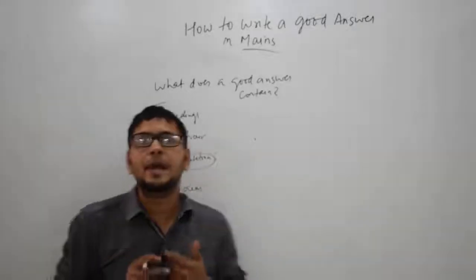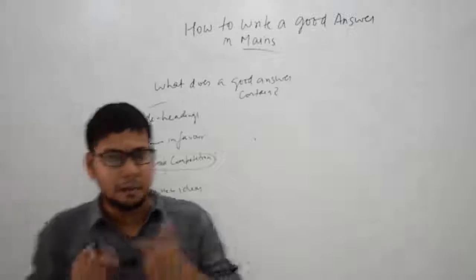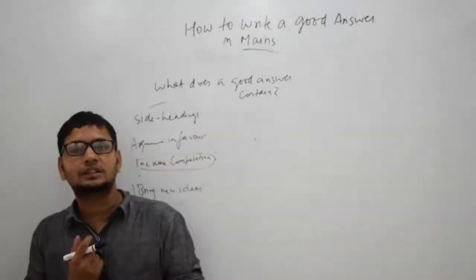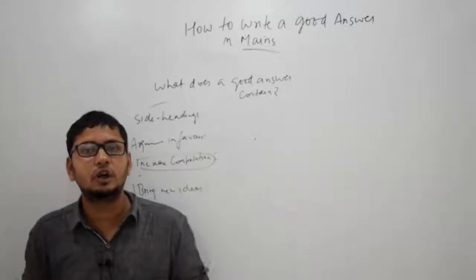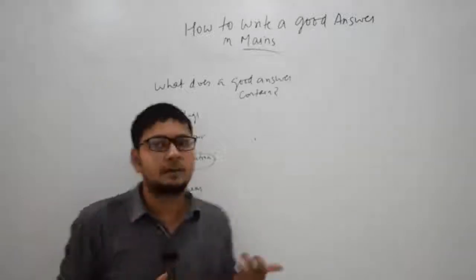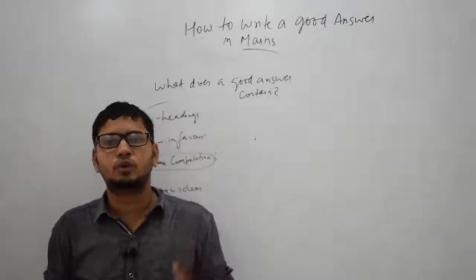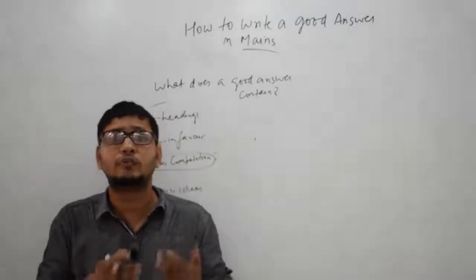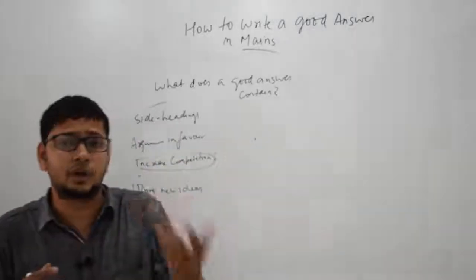This will make your answer look more attractive. Plus, it will make it easier for the examiner to understand that you have covered all the dimensions very, very clearly. If you write in paragraph form and don't give side headings, he will not be able to understand whether you have written 5 new points or 3 new points.